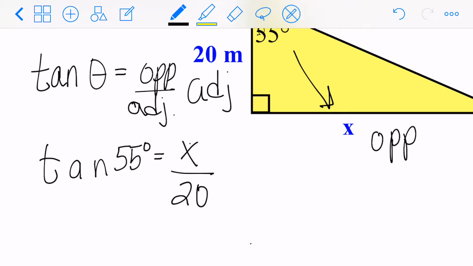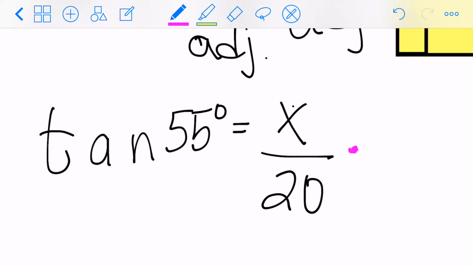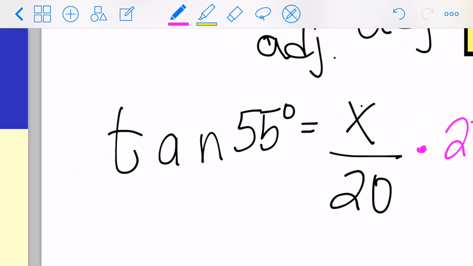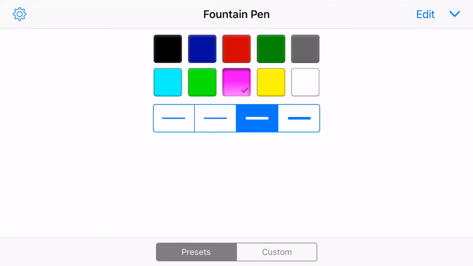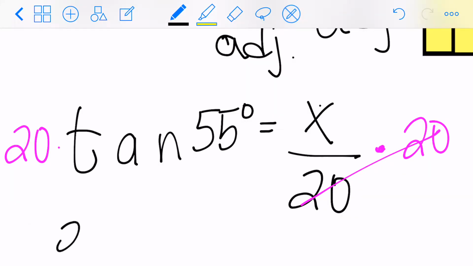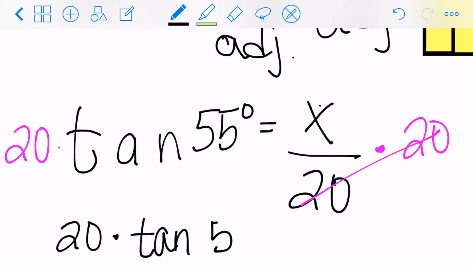So now we need to get x by itself. To do that, we're going to multiply 20 on both sides. So those 20s cancel, and we have 20 times tangent of 55 degrees.